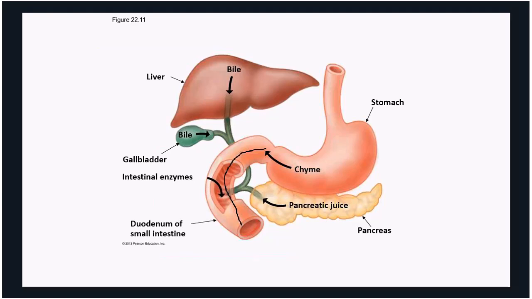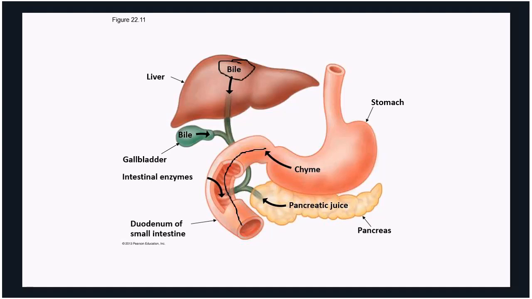Like I said, carbohydrates or starches, the digestion for those starts in the mouth. Pepsin is starting the digestion of proteins in your stomach, and right here in the duodenum is where fats are going to start to be digested, and that's thanks to bile.